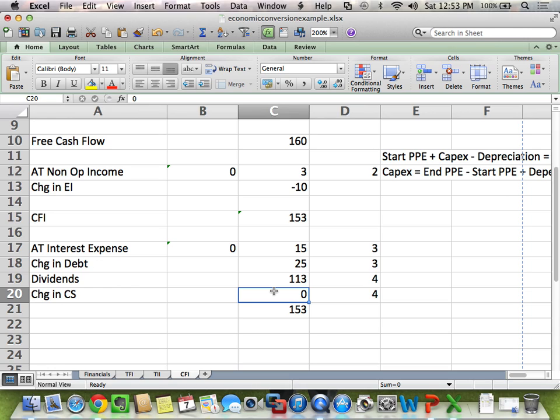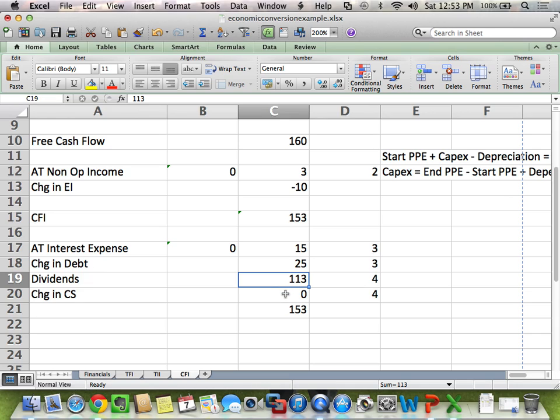Treasury stock. If I increased my treasury stock, so I had more negative treasury stock as a contra account, positive or negative on the statement? Positive, because it's like a dividend. I'm paying cash back to the owners of the business. But the point is, I didn't issue or retire any stock, so the only cash flow was the dividends. Change in retained earnings didn't matter.